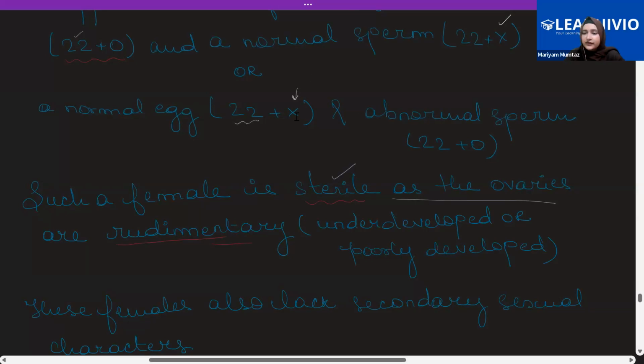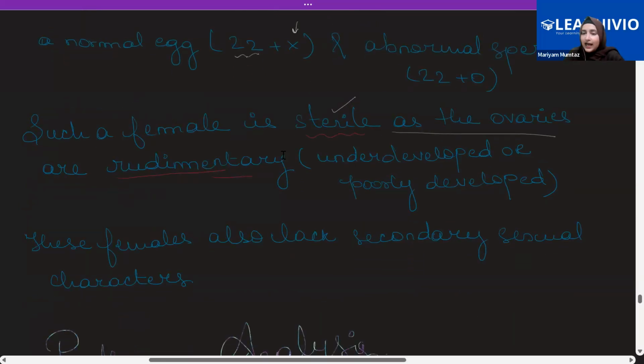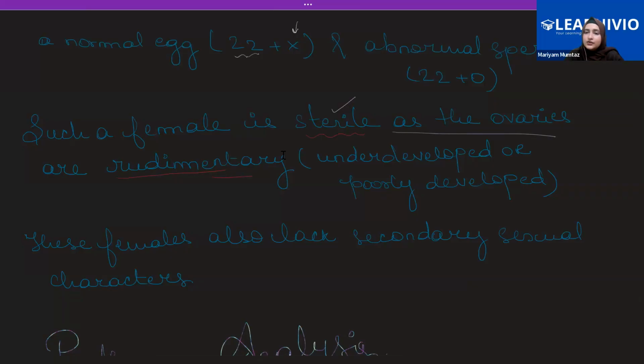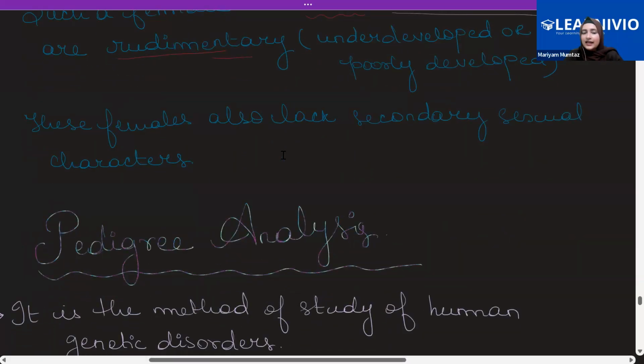Because of the absence of XX, these females are sterile, since their ovaries are rudimentary and very poorly developed. They also lack secondary sexual characters, meaning they do not have a menstrual cycle, female body structure or puberty, like breast development and broadening of the waist. These things do not happen because they don't have the menstrual cycle.